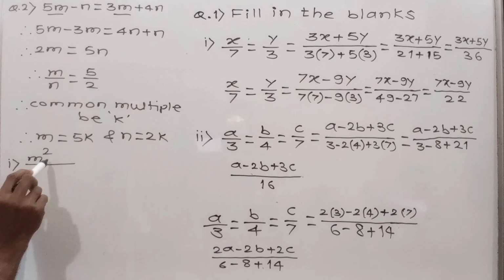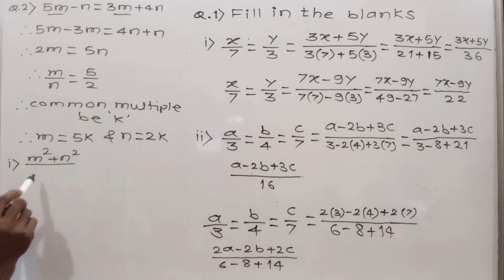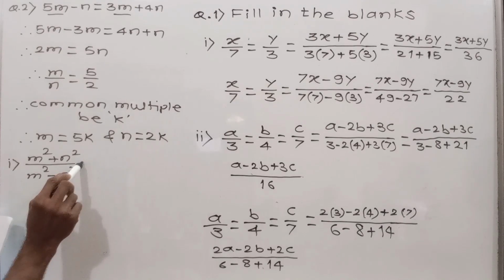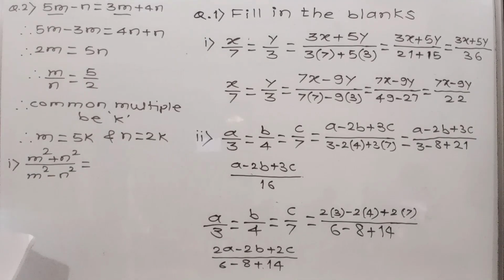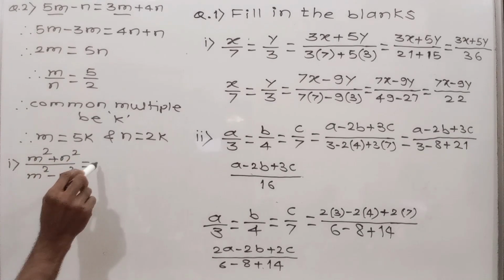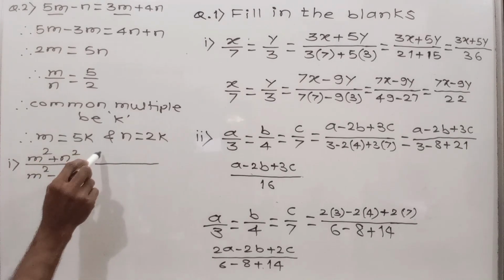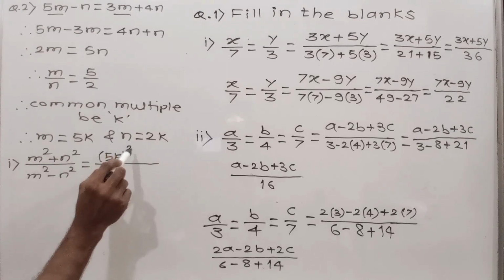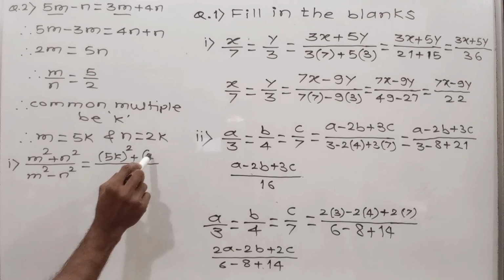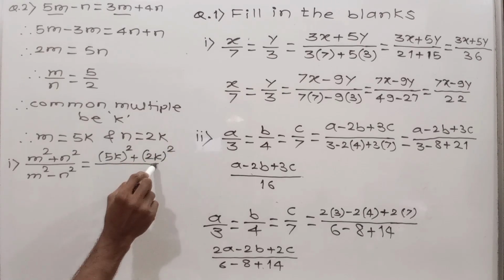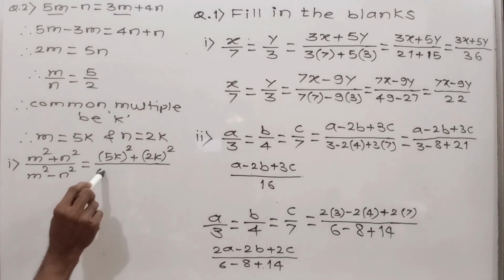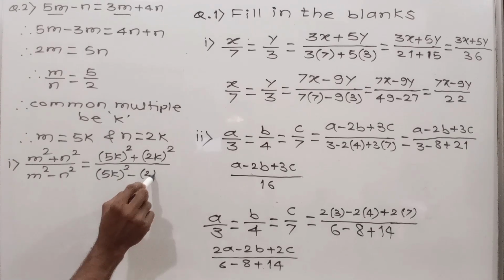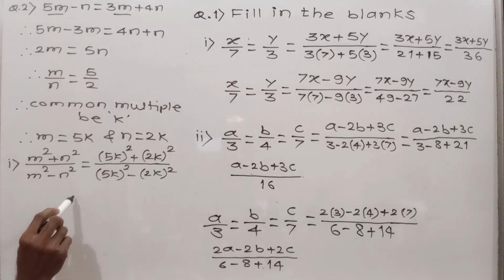m square plus n square upon m square minus n square. We put the values of m and n respectively. Value of m, 5k, bracket square, plus value of n, 2k, bracket square, upon 5k bracket square minus 2k bracket square.